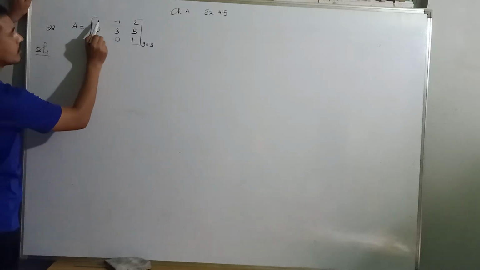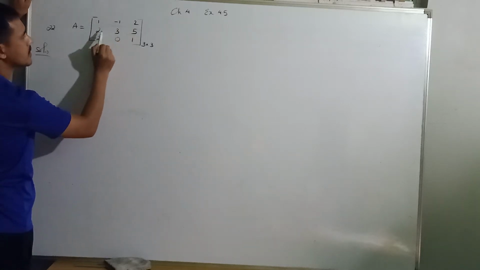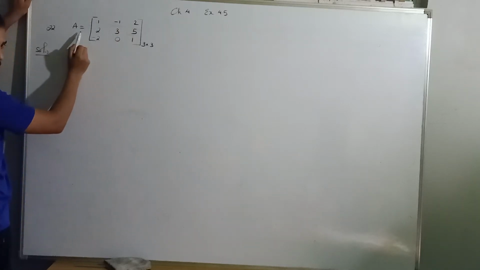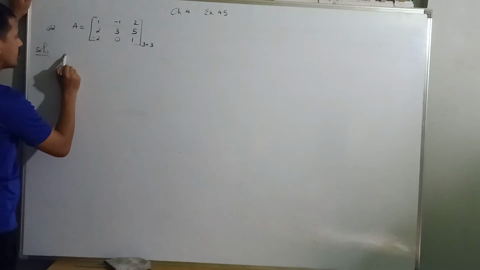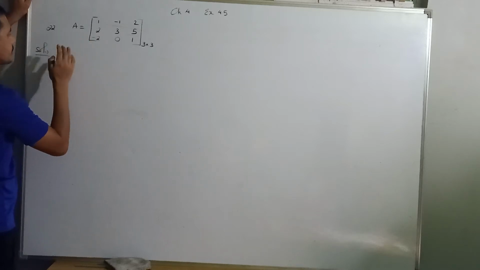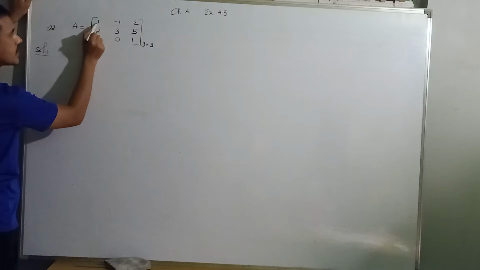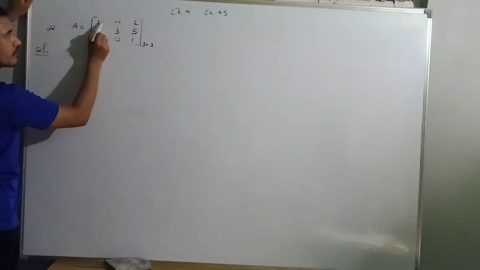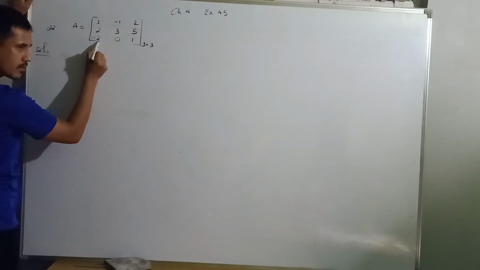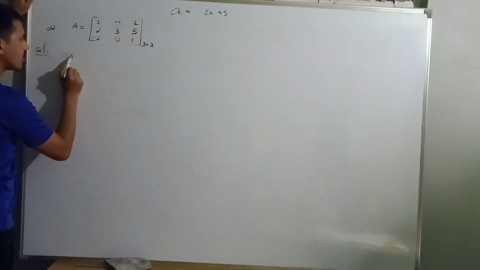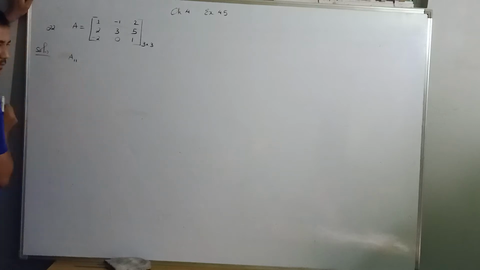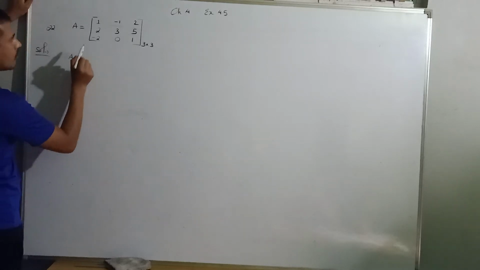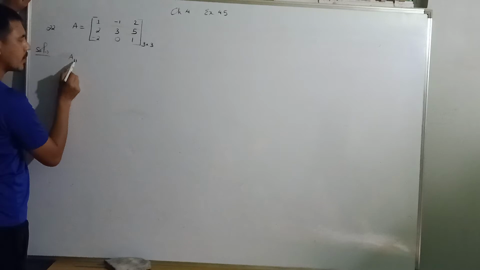So we need to find out the cofactor of all these elements of your matrix A. Cofactor of this element: this element belongs to first row and first column, so the cofactor will be denoted by A11.